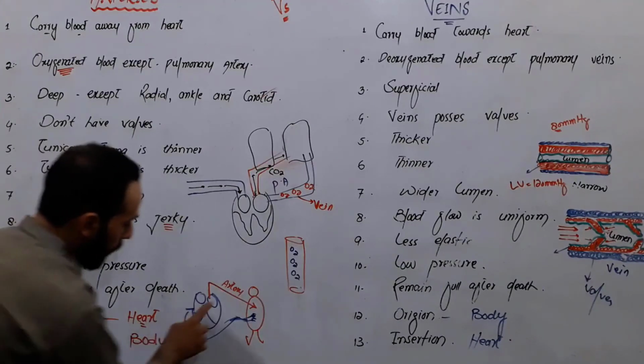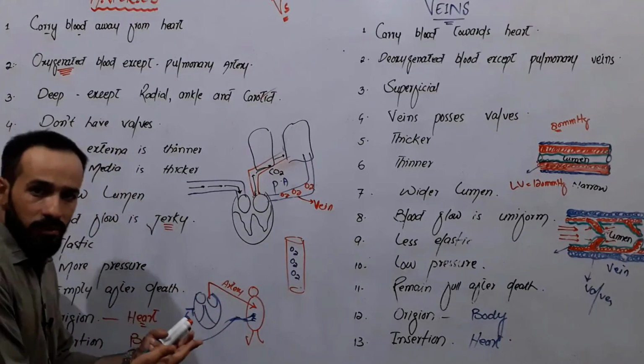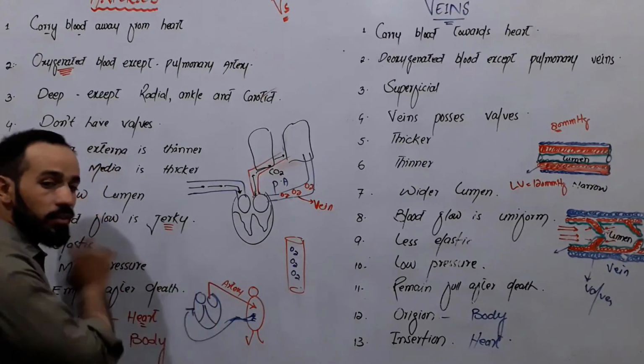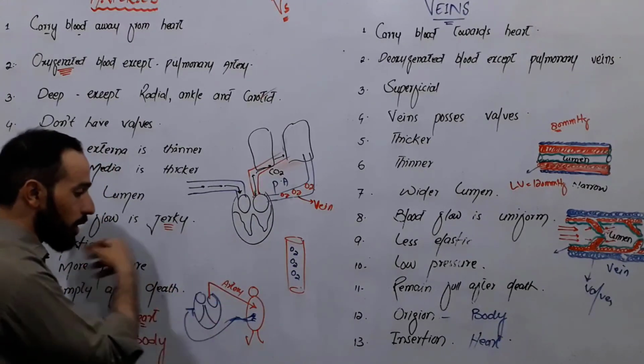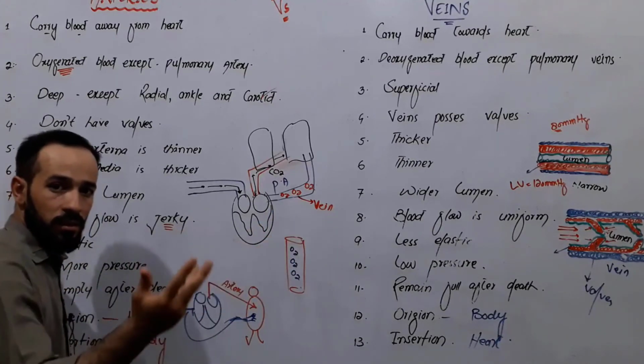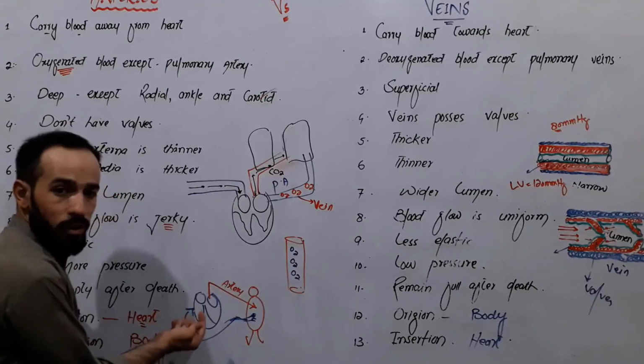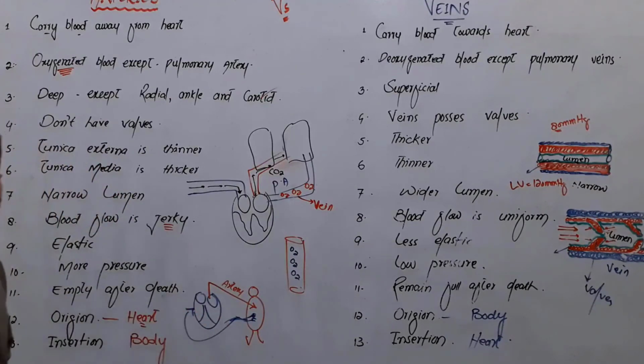Okay, from here we can define arteries also. What are arteries? Those blood vessels which arise from the heart, which move away from the heart, are called arteries, and those blood vessels which move towards the heart are called veins.